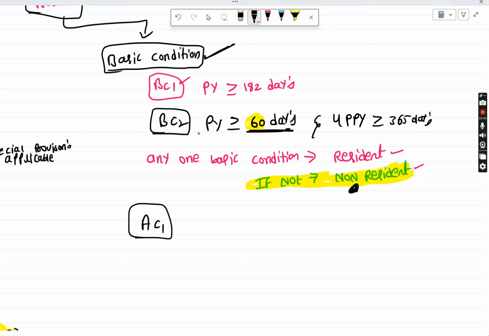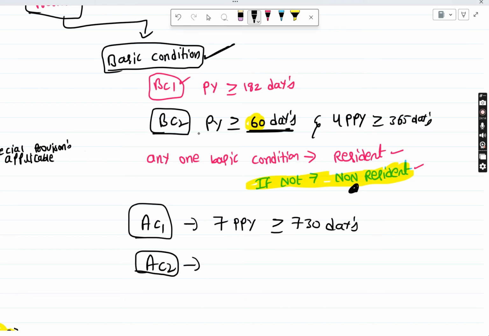Additional condition 1. In the last 7 preceding previous years, you stayed 730 days or more in India. Then additional condition 1 is satisfied. Then additional condition 2.